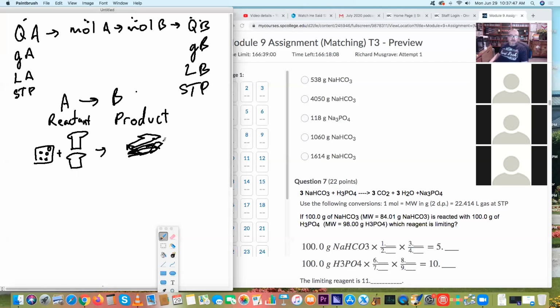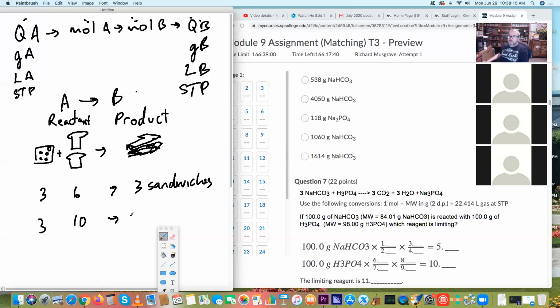So if you had, say, 3 slices of cheese and 6 slices of bread, I think you'd be fine with saying you could have three sandwiches. But if you had, let's say, 3 slices of cheese and then 10 slices of bread, how many sandwiches do you think you could make?